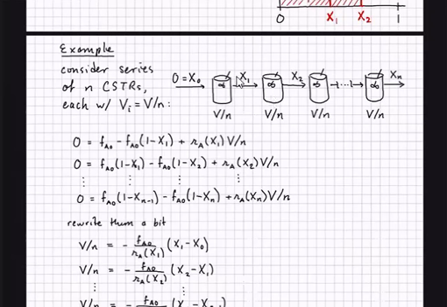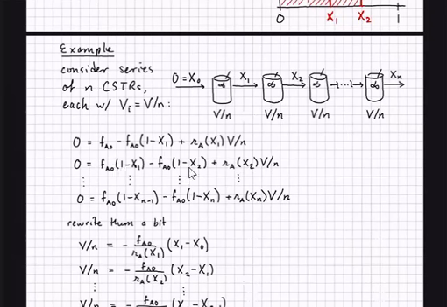And I have a conversion X1 pouring out of reactor 1, X2 pouring out of reactor 2, on down, keeps on increasing until I get to Xn pouring out of the nth reactor. Okay, so we're going to set up equations just like the ones that we did above. We have 0 equals FA0 minus FA0 times (1 minus X1), and there's the rate evaluated at conversion level X1 multiplied by V over N this time.